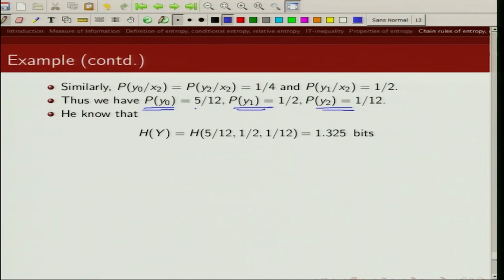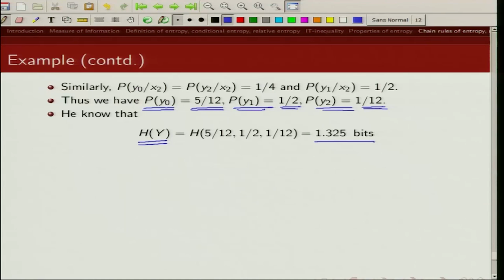In this particular example, p of y0 turns out to be 5 by 12, p of y1 comes out to be half, and p of y2 comes out to be 1 by 12. So the uncertainty in y can be given as minus 5 by 12 log of 5 by 12, minus half log of half, minus 1 by 12 log of 1 by 12, and that comes out to be 1.325 bits.